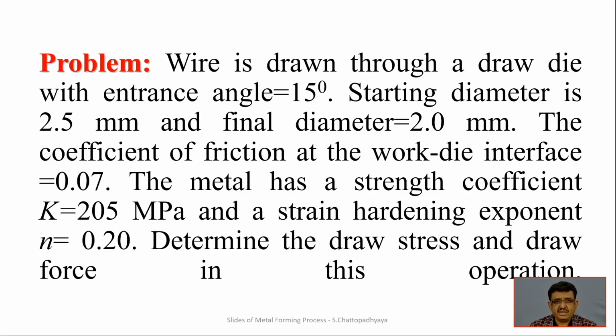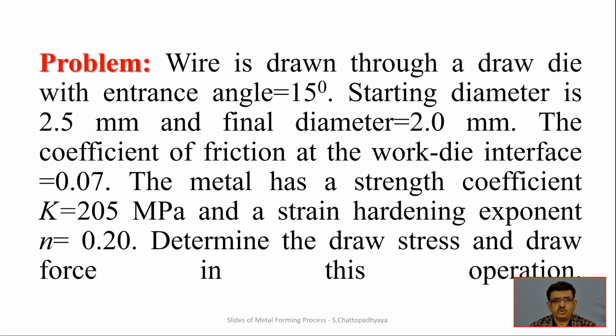The metal strength is also very important, because the material has to be ductile, and only then can we draw a wire. So, drawability depends upon the strength coefficient, designated by K, which is about 205 megapascal, and the strain hardening exponent, which is used to measure the flow stress, is also given in the problem.